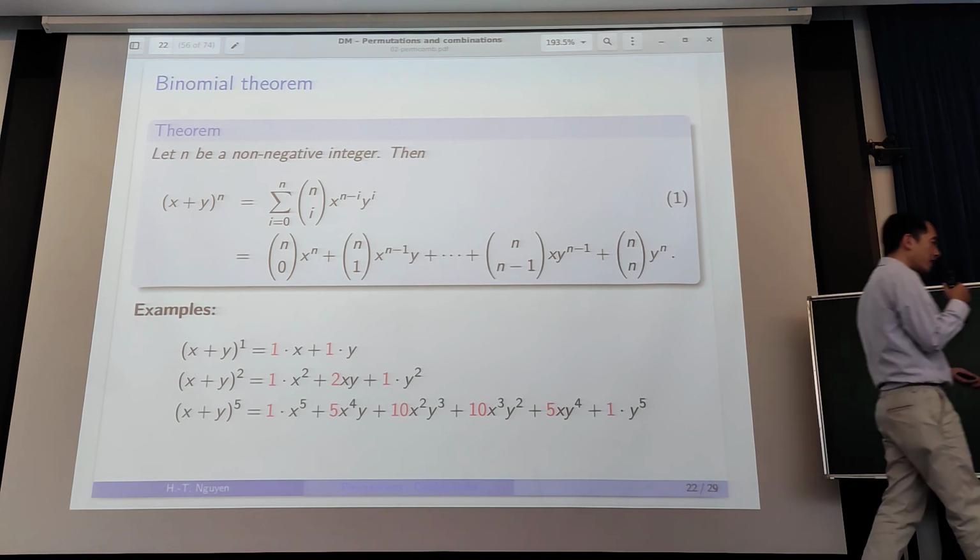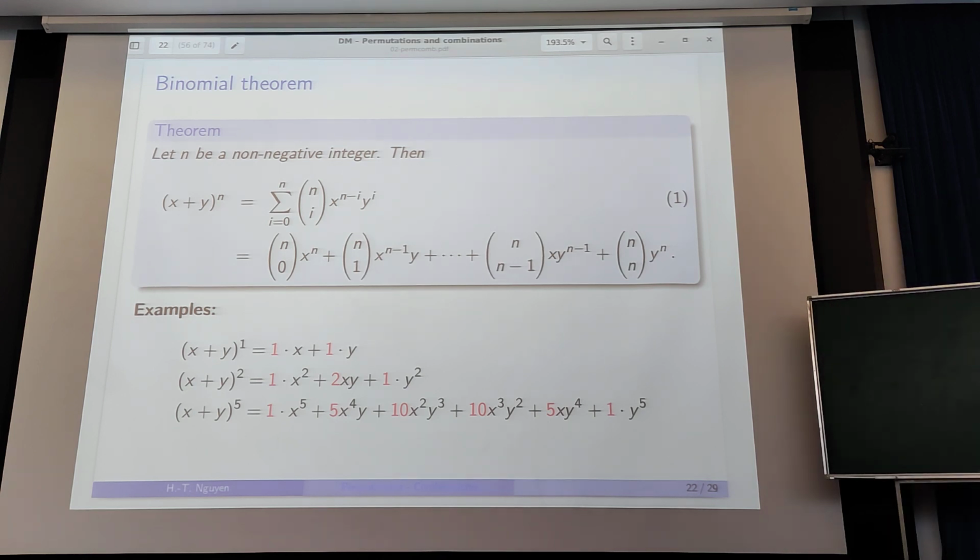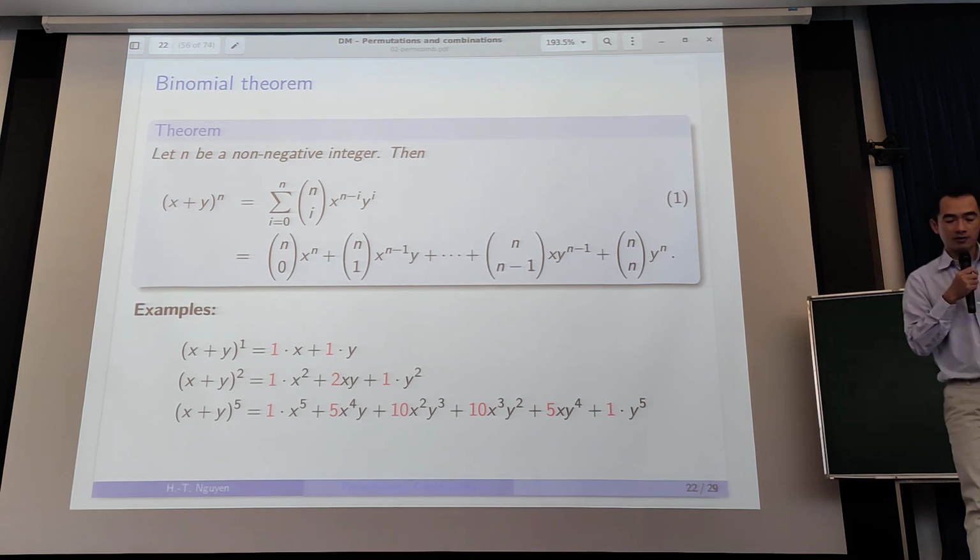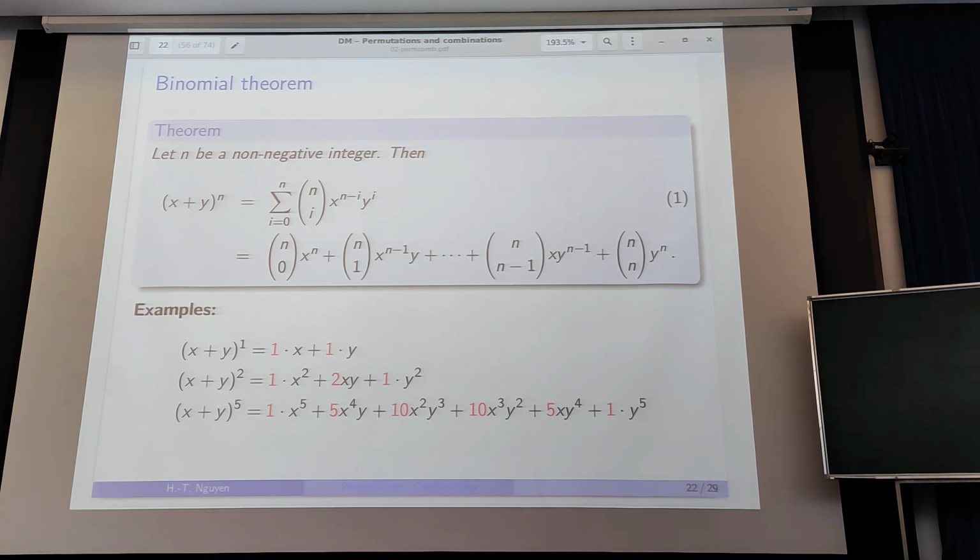Then you show that if it is true from 1 to n, then it is true for n plus 1. If that is correct, then you can combine with the initial conditions. You know that it is true for 1, so it must be true for 2. Then since 2 is true, it's also true for 3, and from 3 to 4 and so on. That's the idea of induction. Okay.